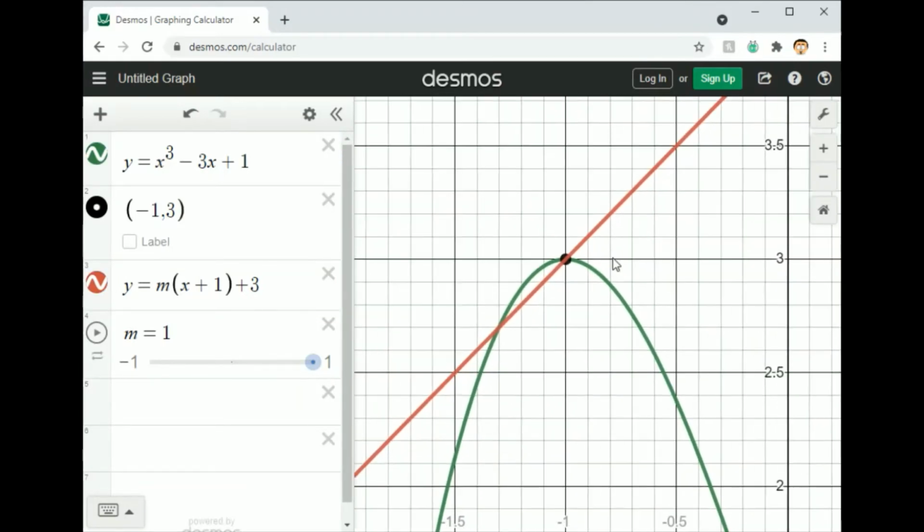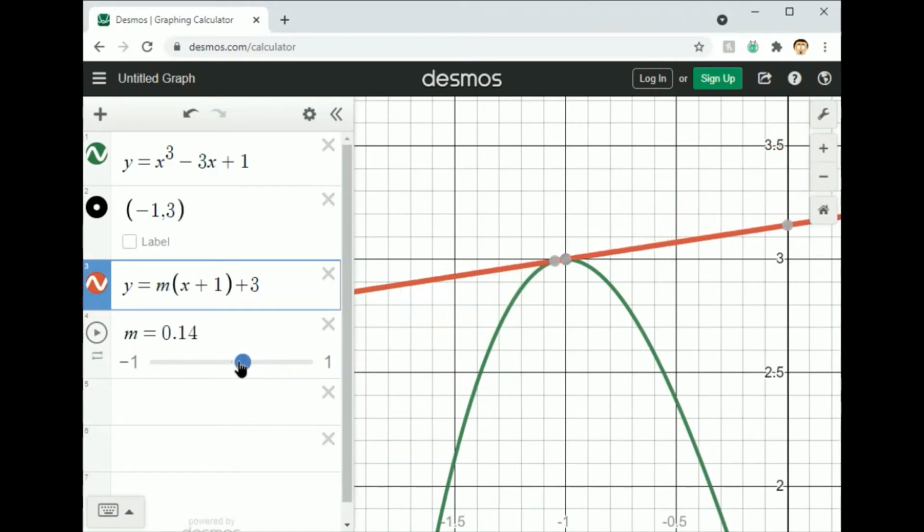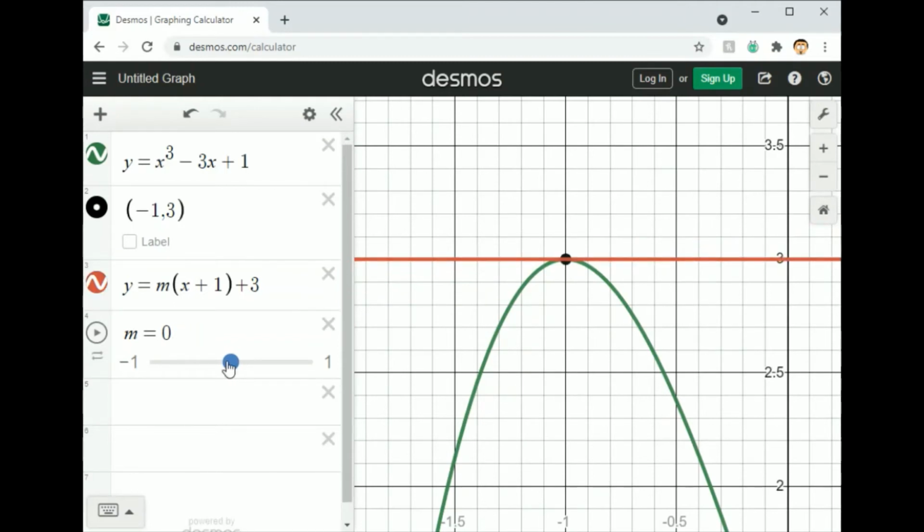My goal here is to modify the slope, which is the only real variable left in the relationship between x and y, until I can match it. And I think it's pretty obvious, it looks like it's at 0. So we can say that the slope is 0 at that point. I'm going to write that over on the sheet, which is on the other screen, and when I come back to it, we'll see all those points written down.